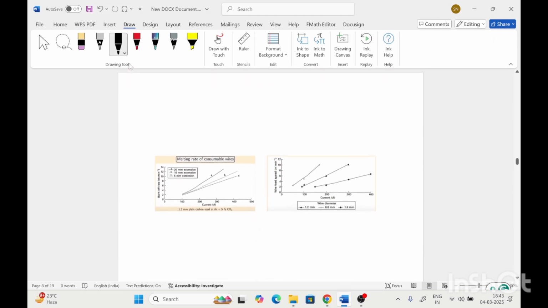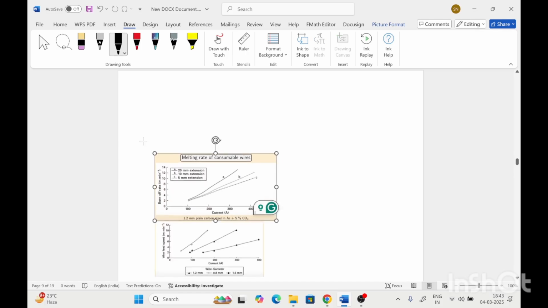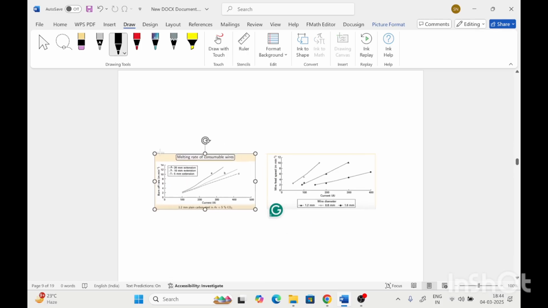So here we can see these two graphs for melting rate of a consumable wire. This plot is given for the burn off rate, meaning melting rate, versus current for different stick out lengths.